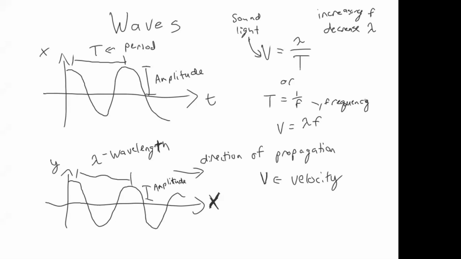But because that speed is set by whatever medium you're traveling through, you can take it as a constant as long as you stay in that medium. And so if the left-hand side is constant, then if I increase one of the terms on the right-hand side here, then I have to decrease the other one to compensate.